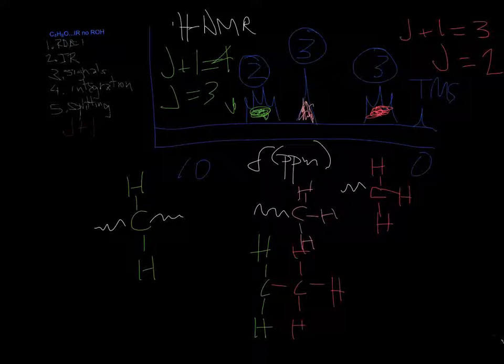How many peaks are in that one signal? Literally 1. It goes up and it goes down. Therefore, J plus 1 equals 1, so J is equal to 0. That means this methyl group is next door to something that has no hydrogens on it.